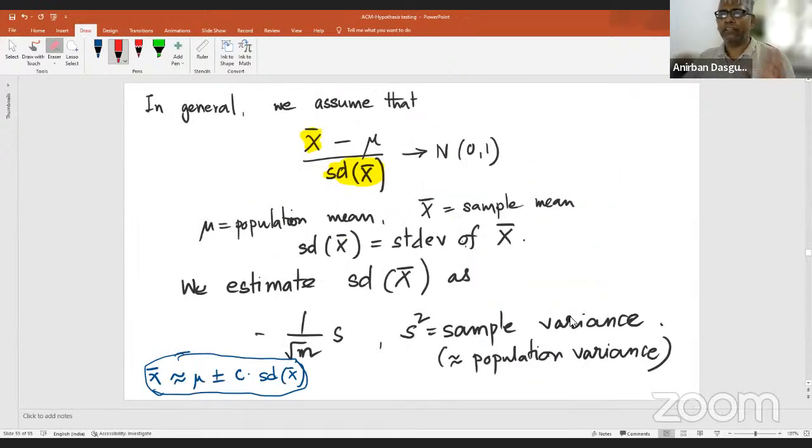So in general, if X bar is the test statistic, then X bar minus mu divided by the standard deviation approaches N(0,1), and therefore I can get a confidence interval of X bar based on my confidence level. Because this is N(0,1), suppose I want a confidence level of alpha.